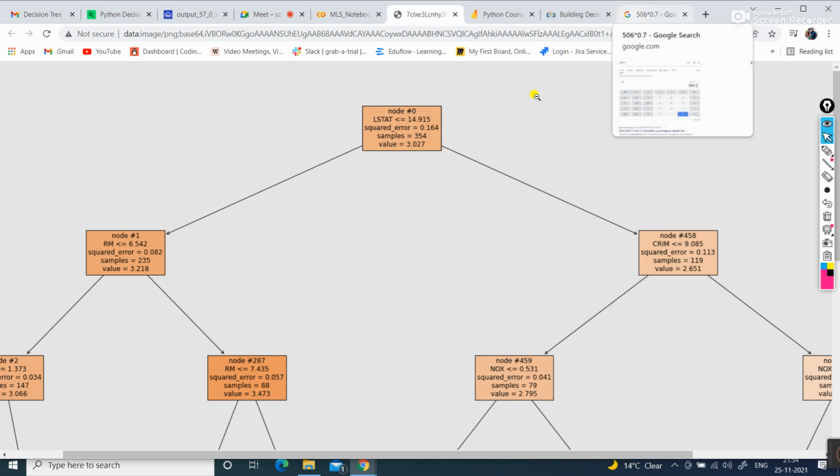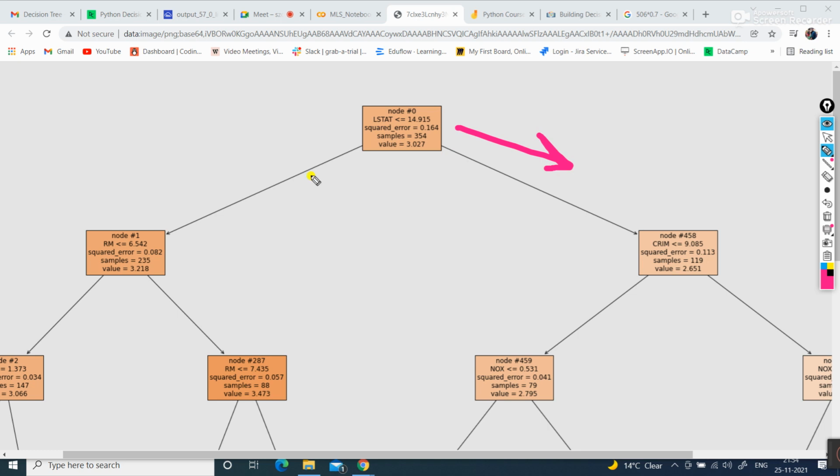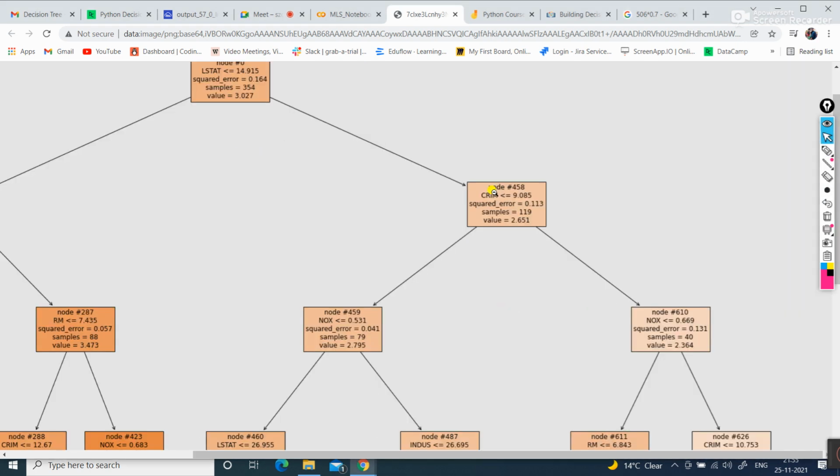This decision tree is based on LSTAT being less than or equal to 14.9. Anything over 14.9 goes to the right-hand side. Let me make a note of that. So it's greater than, less than.